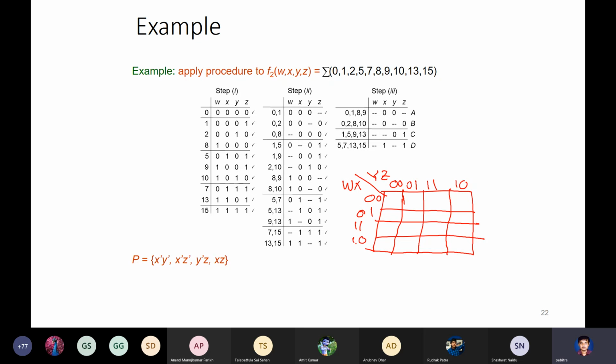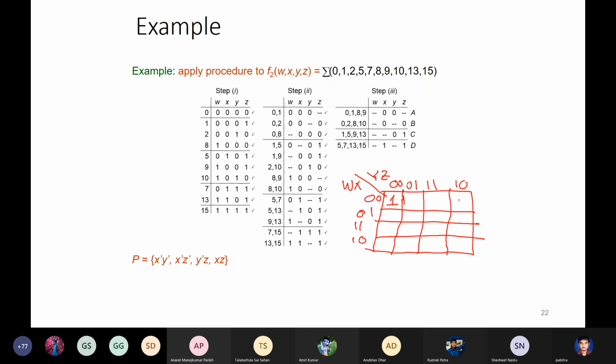One zero. So which are the min terms that we have for this function f2? You have this min term and 2, which is 0, 0, 0, 0, 1, 0.